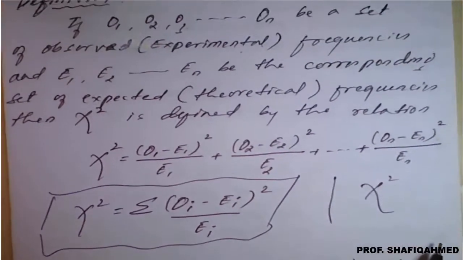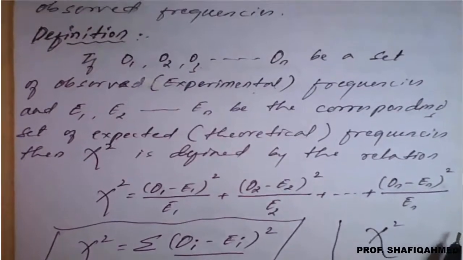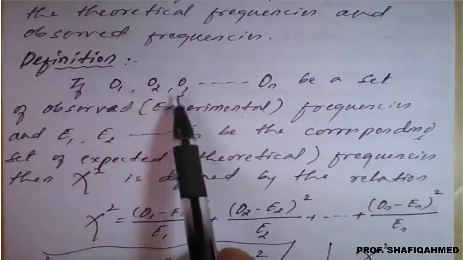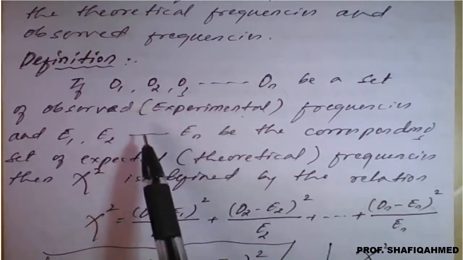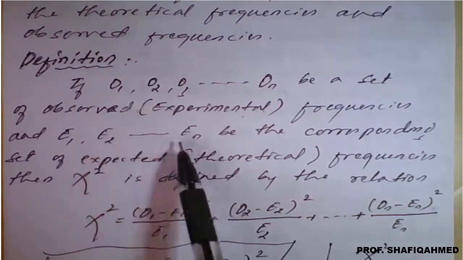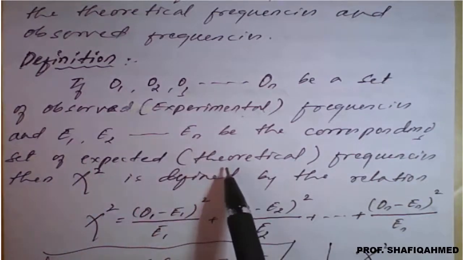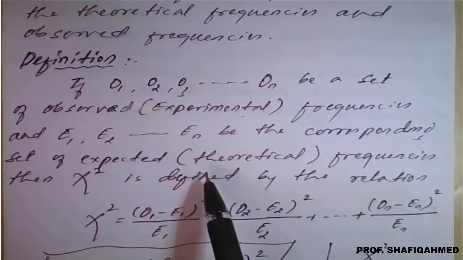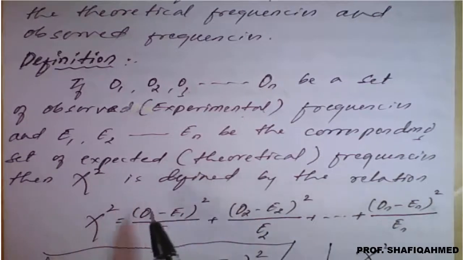The main thing to remember is that in the question they will give the observed frequency, and we need to calculate E1, E2, and so on, En, which are the expected, theoretical frequencies. Once we get observed and expected, we can find the chi-square value for the given frequencies.